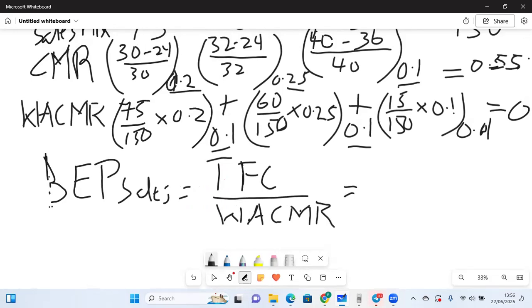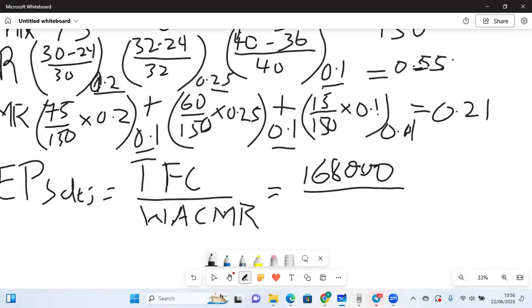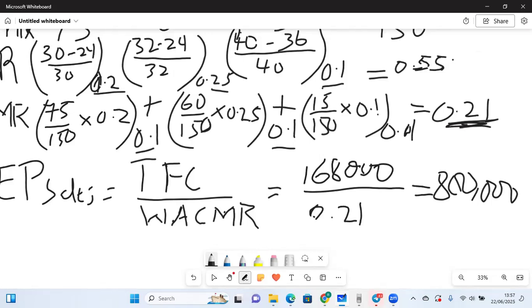So 168,000 all over the total 0.21. It is going to give us 168,000 divided by 0.21, which is 800,000 Ghana cedi.